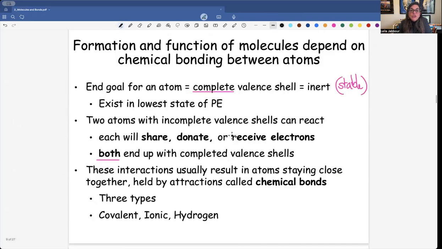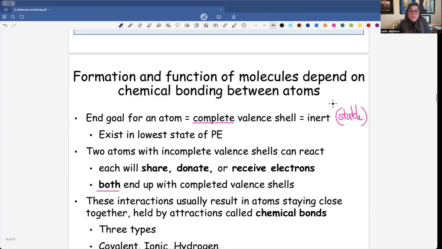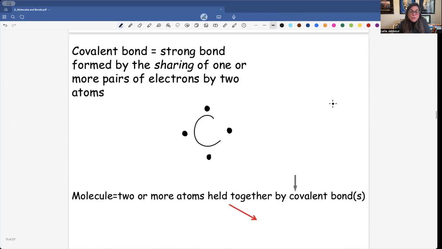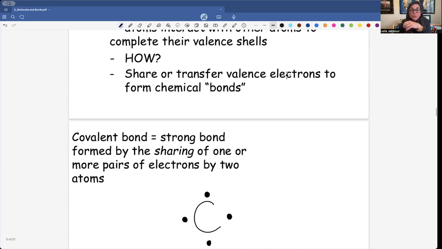I illustrated just those 4 electrons. Whatever electrons are on that last shell, we're talking about those and what they need. So these 4 electrons, I drew them here in black. So what do they need? That carbon needs 4 additional electrons from somewhere else.